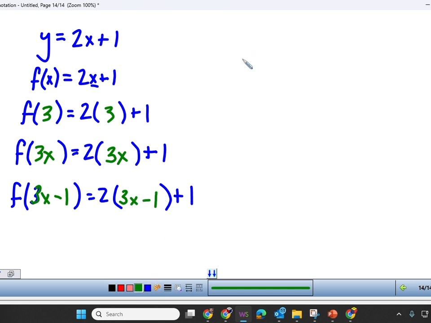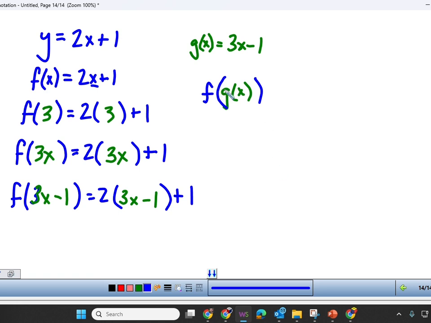Now let's say off to the side here, this is f of x, but this 3x minus 1 represents a different function called g of x. So g of x is equal to 3x minus 1. Essentially, what we just did is we took the g function, g of x, and we put it inside the f function.